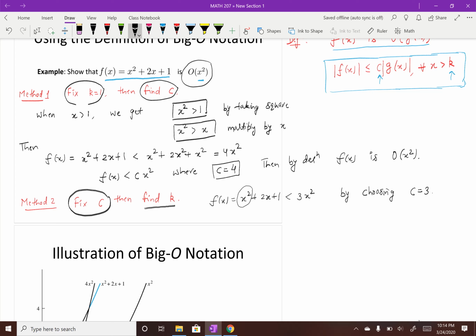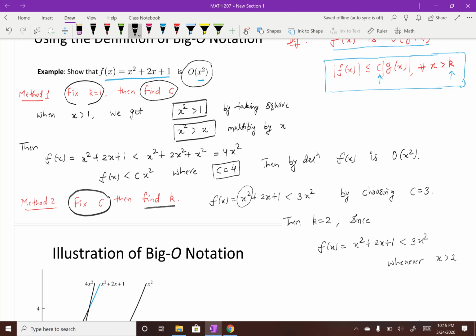Okay, so if I select c equal to 3, then the only challenge is to obtain the value of k, and then I can claim f of x is big O of g of x. And you will see that this inequality is going to be satisfied if I choose k equal to 2, since f of x equal to x square plus 2x plus 1 is less than 3 x square whenever x is greater than 2.